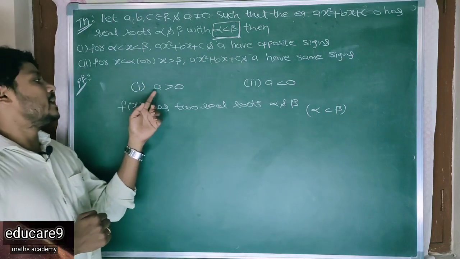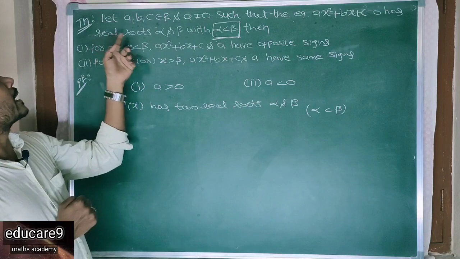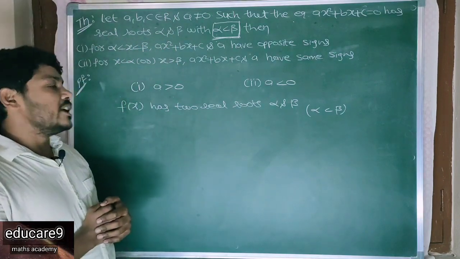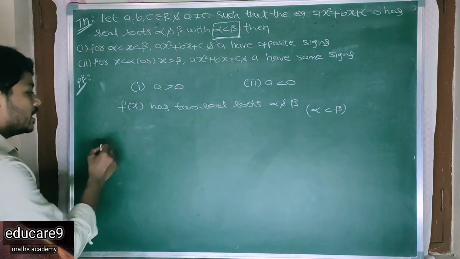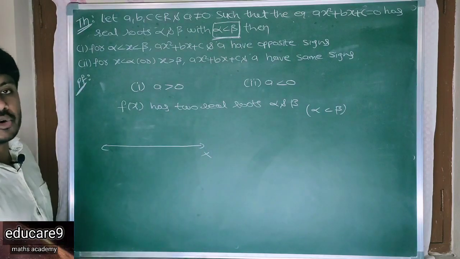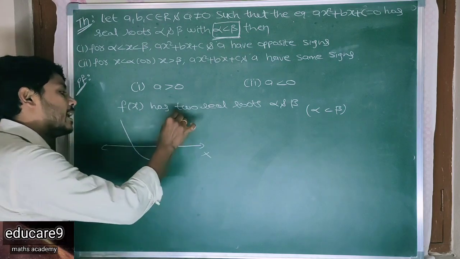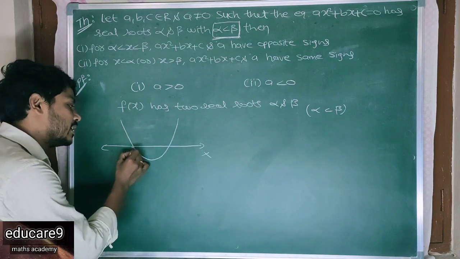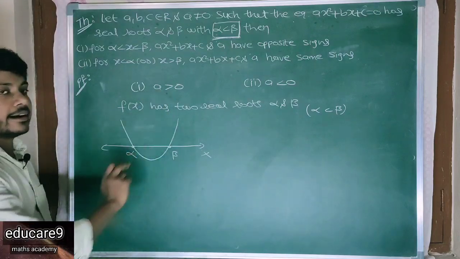The first case is a greater than 0 and the roots are real and distinct, alpha and beta. So the graph represents an upward parabola, and it touches the x-axis at two distinct points. The given graph is like this. This graph touches the x-axis, so those are the roots of the given expression, and a is greater than 0.